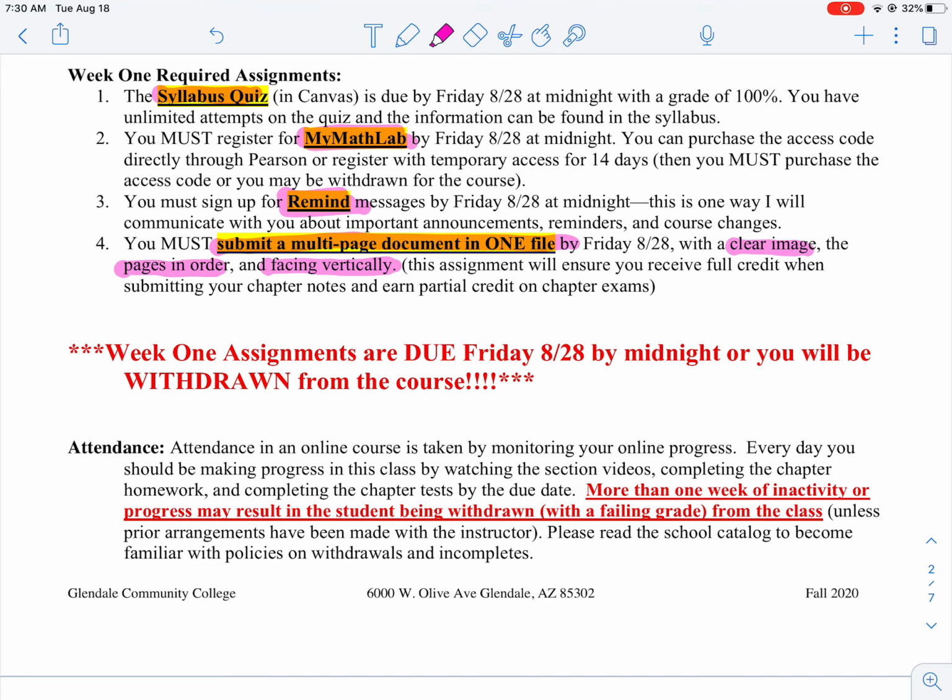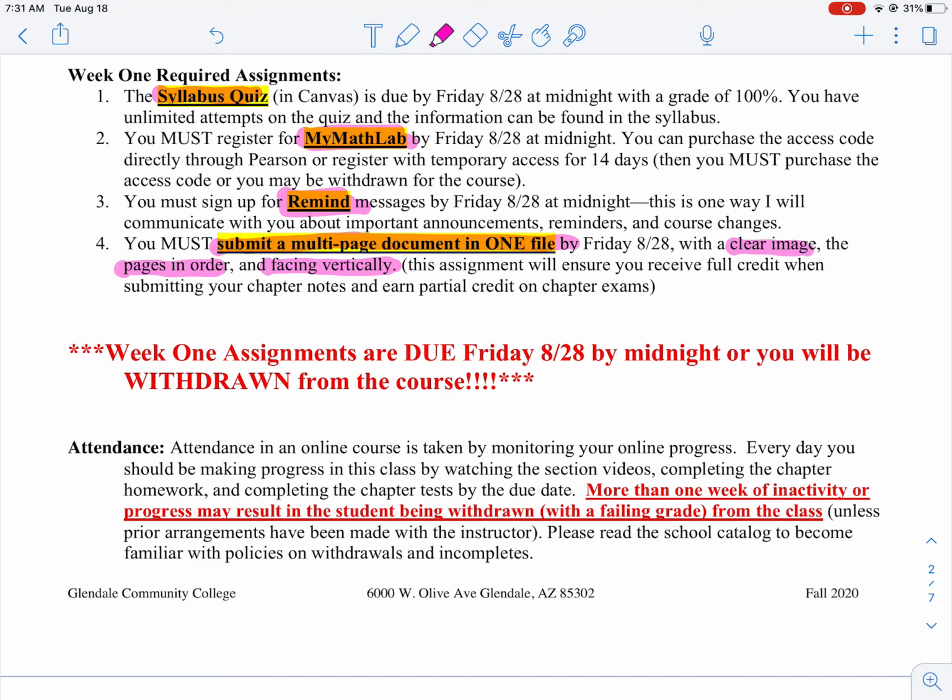This assignment is going to ensure that you receive full credit when submitting your completed chapter notes and partial credit on exams. Because I'm going to ask that when you take your exams, even though they're proctored at home and on the computer, that you actually work out every single problem and submit that work so that I can give you partial credit on your exams. But I have to be able to read and clearly follow your work.